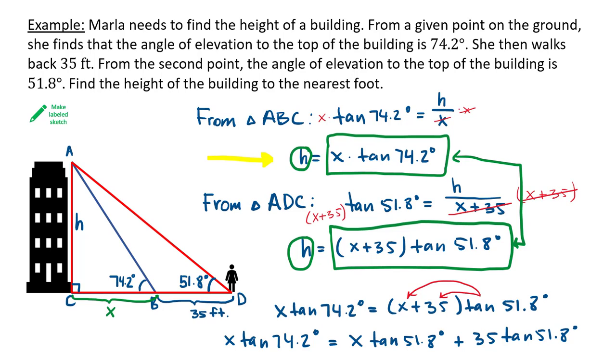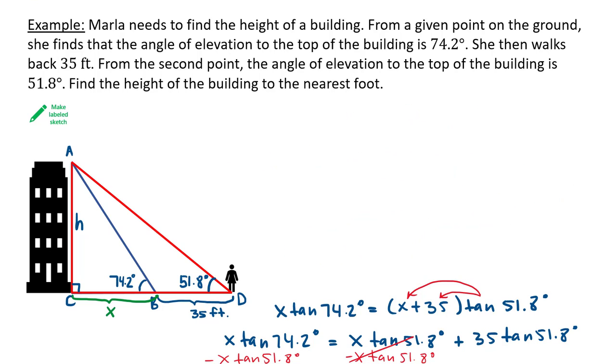Next, we're going to combine all terms, and here we have three terms, one on the left and two on the right. So we're going to combine all terms involving x on one side. That means that I'll need to subtract x tangent 51.8 as I subtract it on the right. This term gets cancelled, and then I will subtract it on the left.